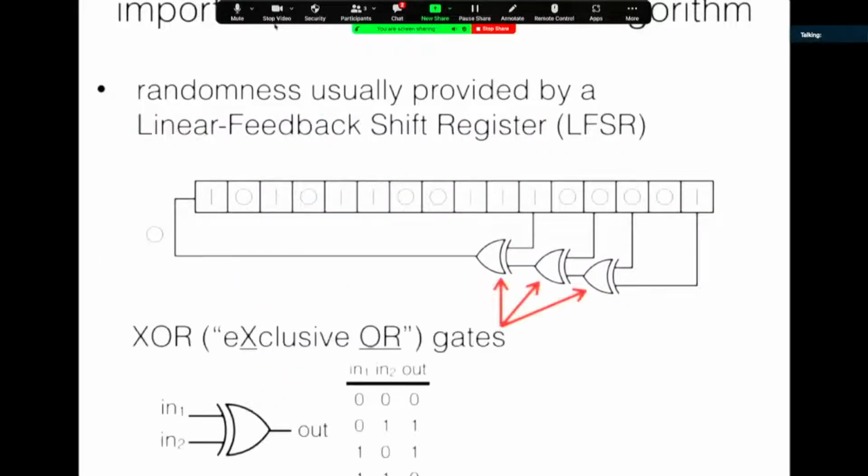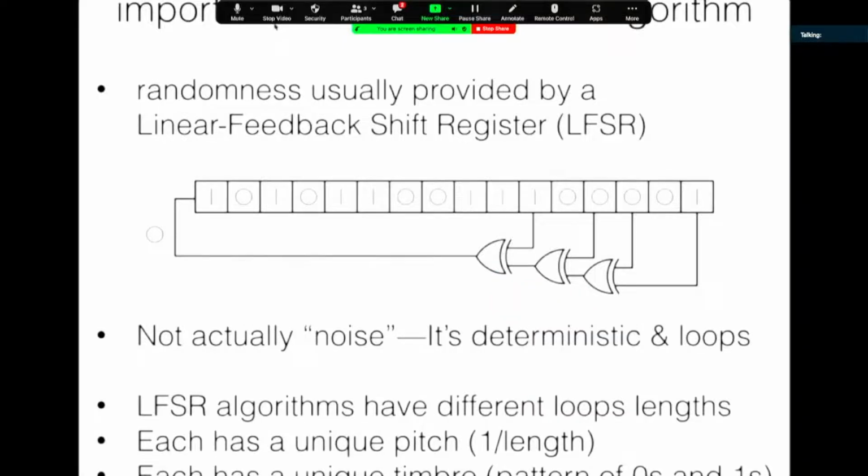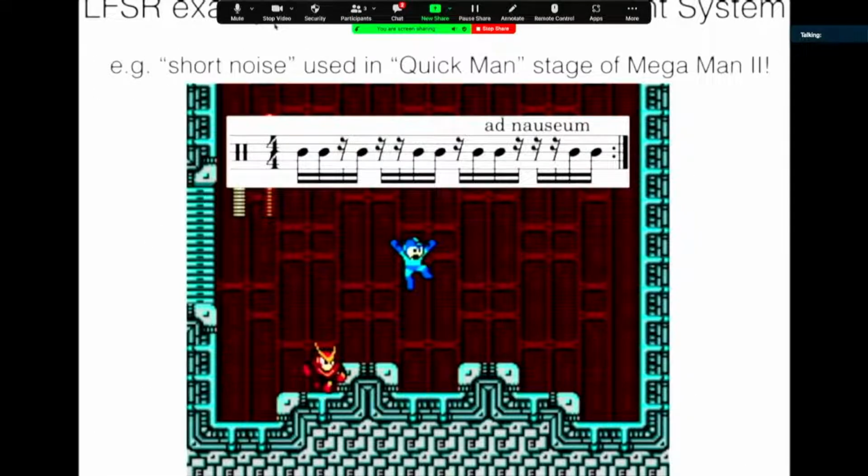And these are usually made with something called a linear feedback shift register, something that the Nintendo Entertainment System and a lot of old video game systems use as well to make their noise. Here's an example from the NES, a famous noise sound called the short noise that's used in the Quick Man stage of Mega Man 2.